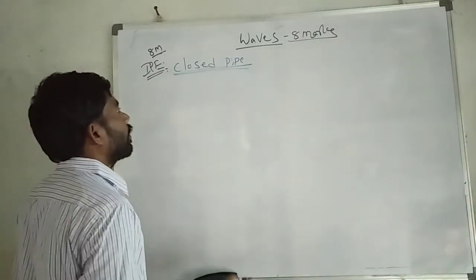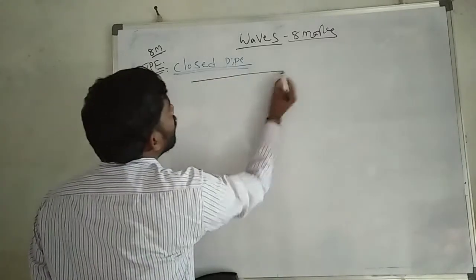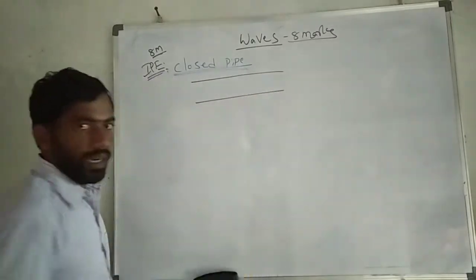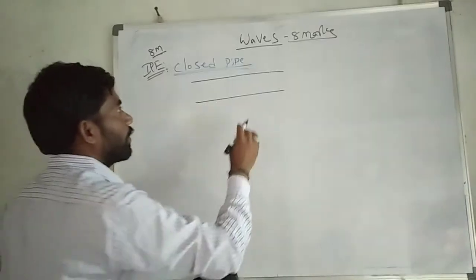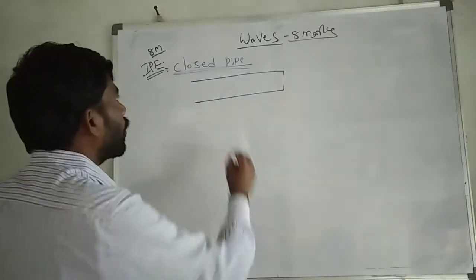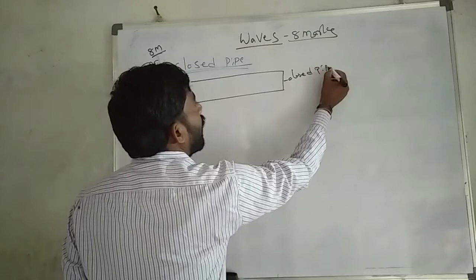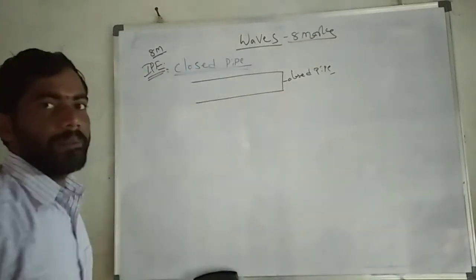See, whatever the pipe is, its shape is cylindrical. One end is closed. This is called a closed pipe, and the other end is open.